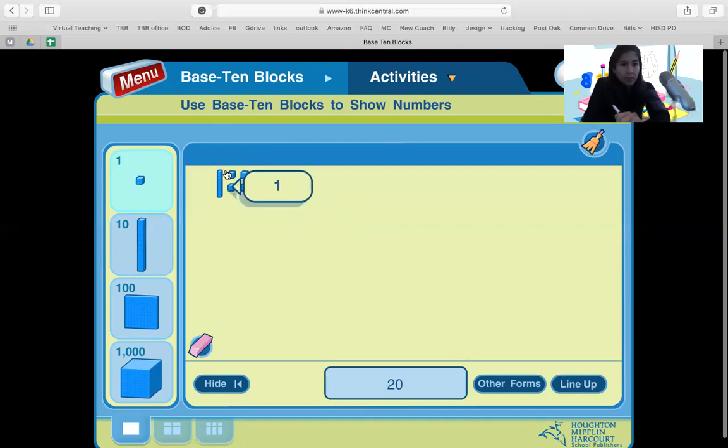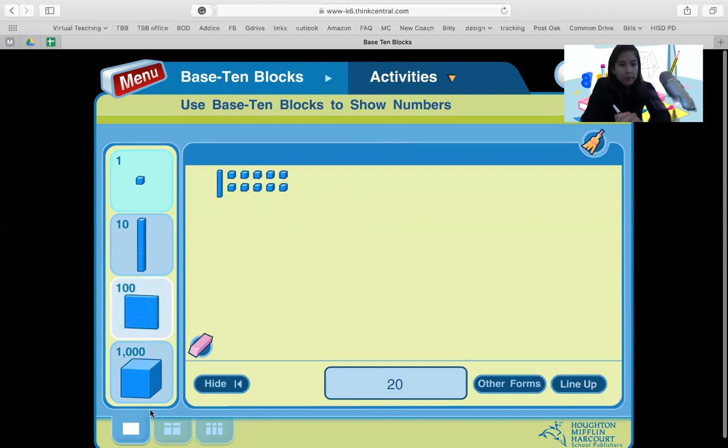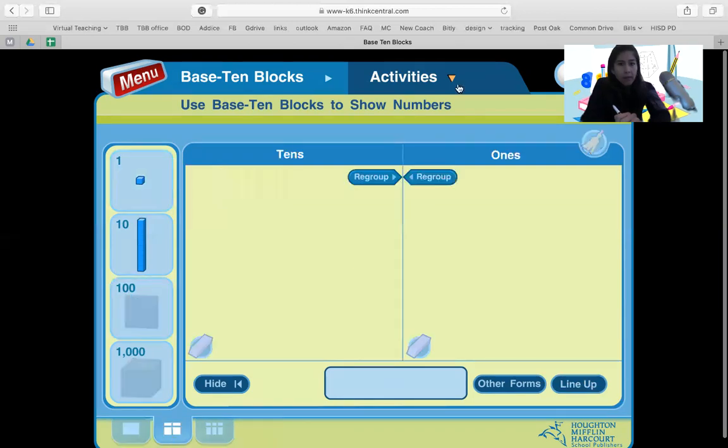Well, what's supposed to happen, let's see. Nope. What I was hoping would happen is that it would form my, here we go. I found the problem. So let's go ahead and do that again.